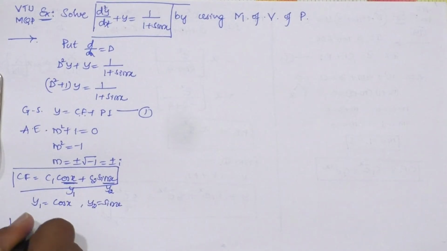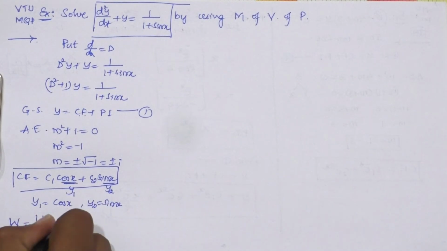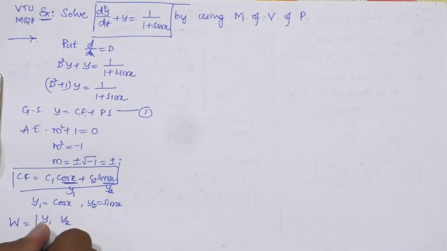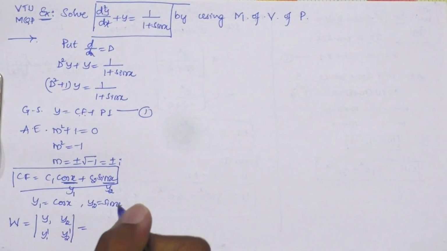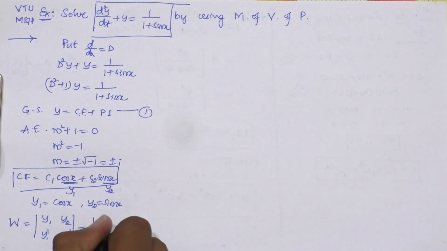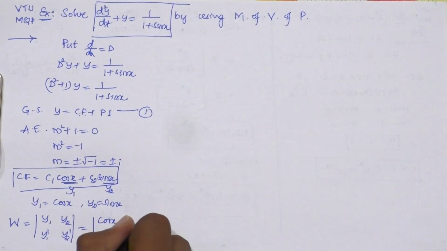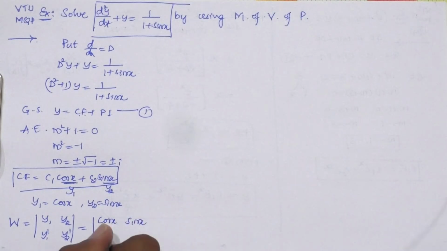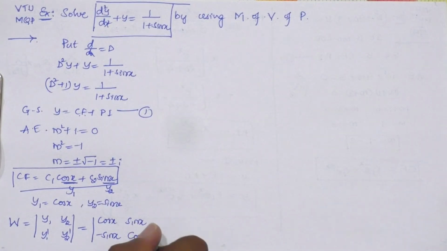Once you identify y1 = cos x and y2 = sin x, next you go for W. W is the Wronskian of y1 and y2, the determinant of y1, y2, y1', y2'. Now simplify this determinant. Here y1 is cos x, y2 is sin x, y1' is the derivative of cos x, which is -sin x, and y2' is the derivative of sin x, which is cos x.